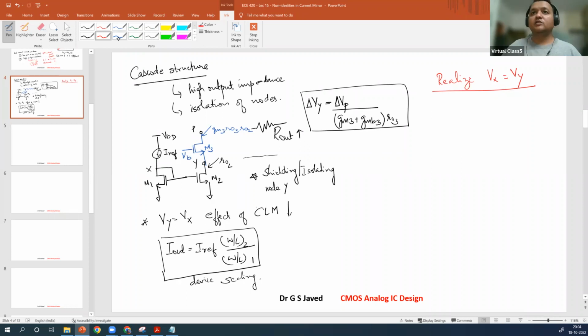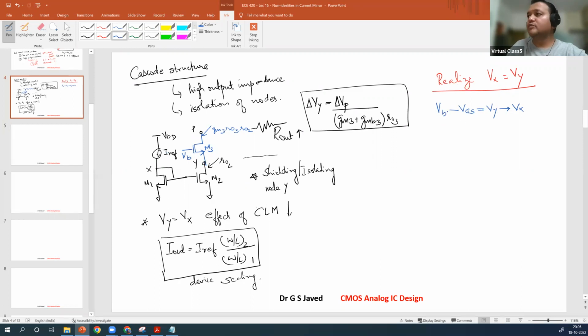Vy you can get using VB, which is your gate terminal, minus Vgs. Now this Vy you have to equate to Vx. So how do you achieve this?